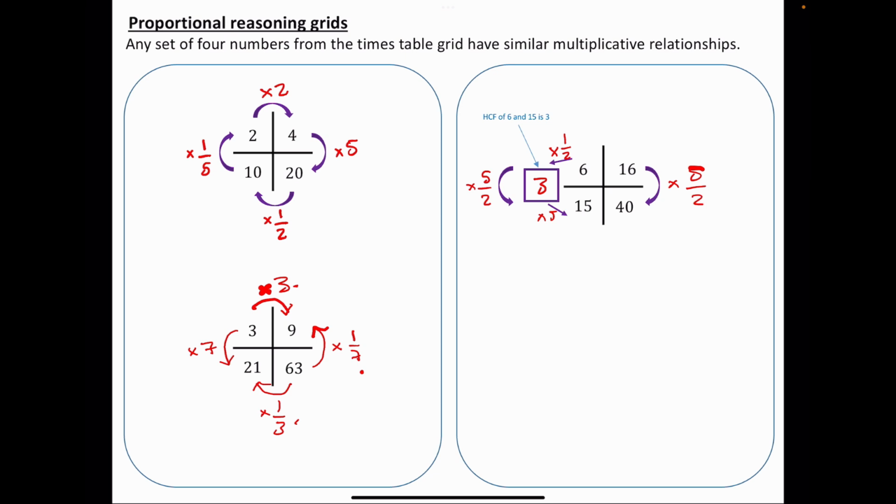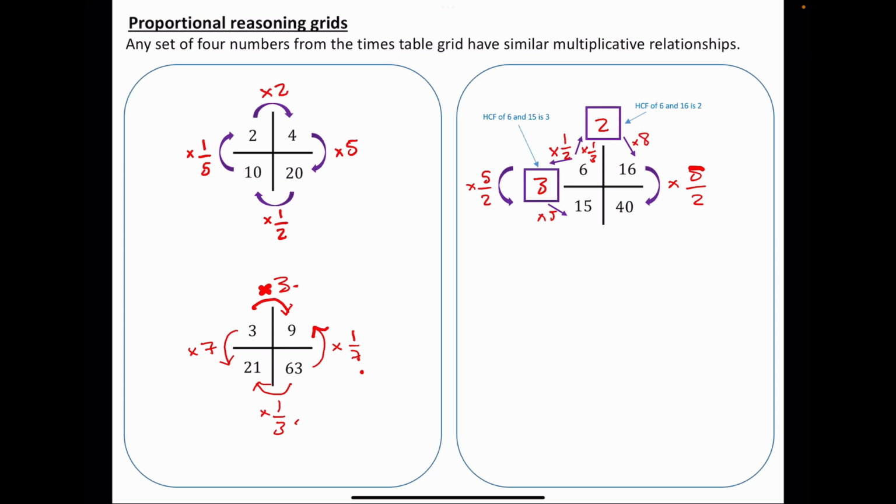Okay, so a stepping stone to get from 6 to 16, we're thinking about the highest common factor of 6 and 16. Well, they're both in the 2 times table. So what do I do to get from 6 to 2? I times by 1/3. And to get from 2 to 16, I times by 8.